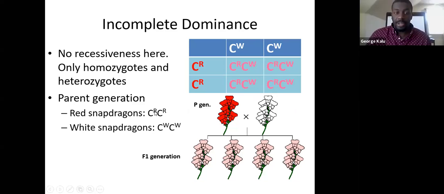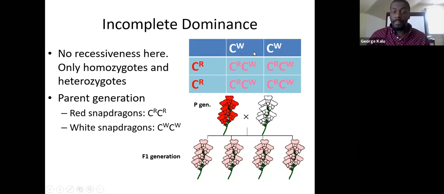So one CR would be one allele, the other CR would be the other allele. And so we're going to put these along one side of the Punnett square. The white snapdragon plants are going to be classified as CW. That's going to be their genotype. And so we're going to list that over here along the top part of the Punnett square. So we have red snapdragon plants, CR. We have white ones, CW.